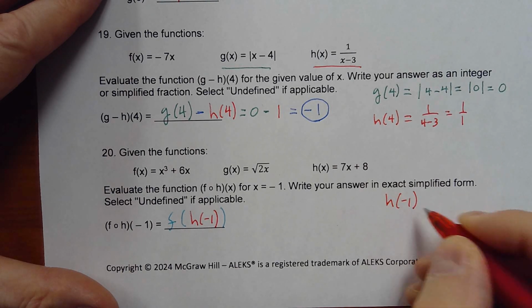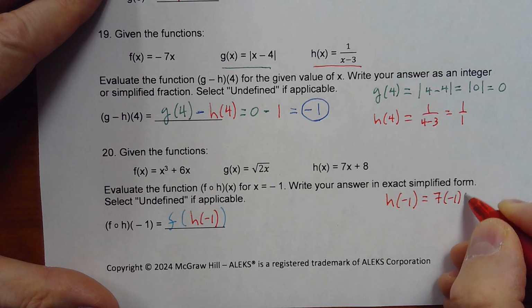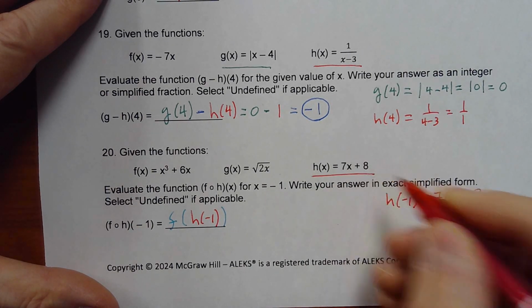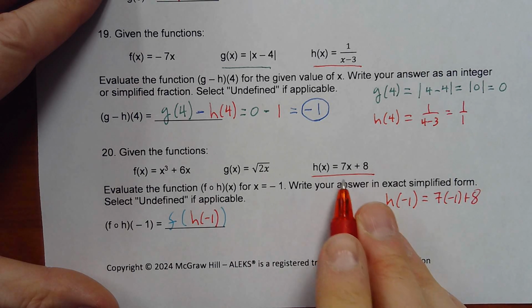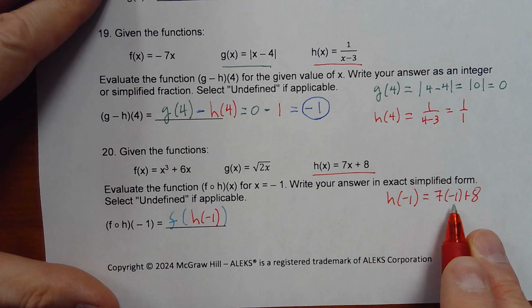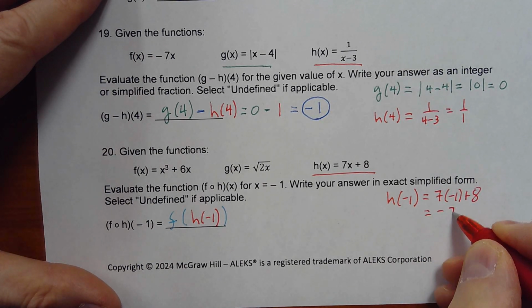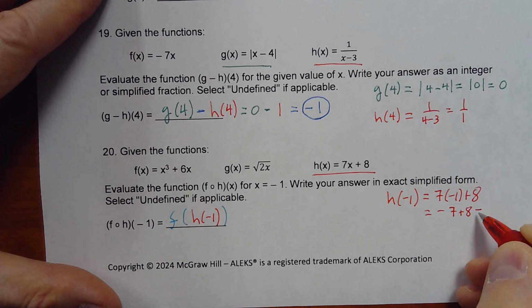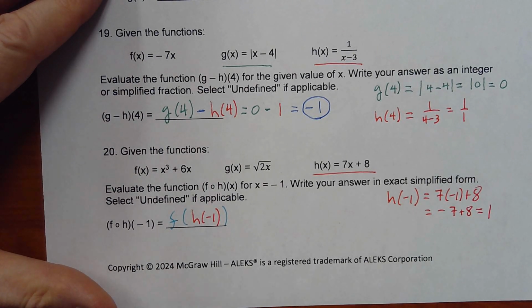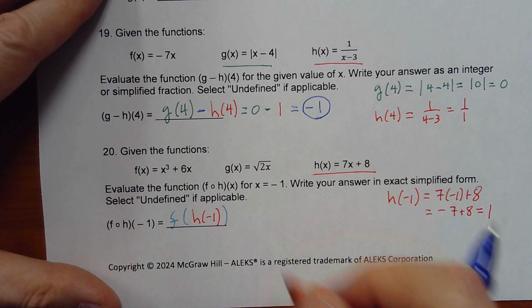Let's figure out what h of negative 1 is. So I'm just going to plug in negative 1 to my h function. That's 7 times negative 1, which is negative 7, plus 8. That gives me positive 1. So h of negative 1 becomes 1.